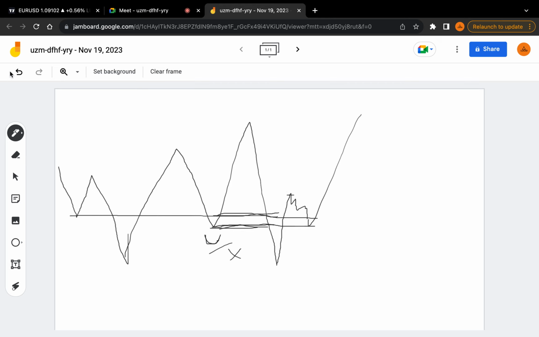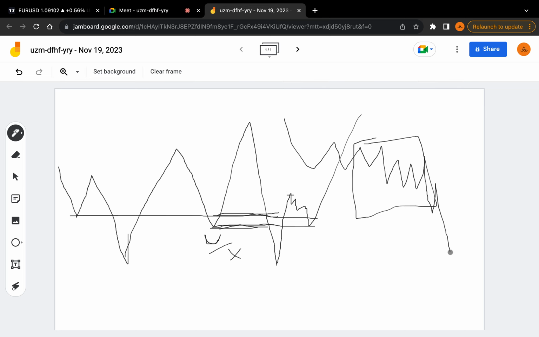On EURUSD, the reclaim usually happens when price takes out the Asian high or low. You see price ranging in this Asian area, then it takes out the Asian low, breaks back in, and uses this low that it takes as a key level to continue to the upside.